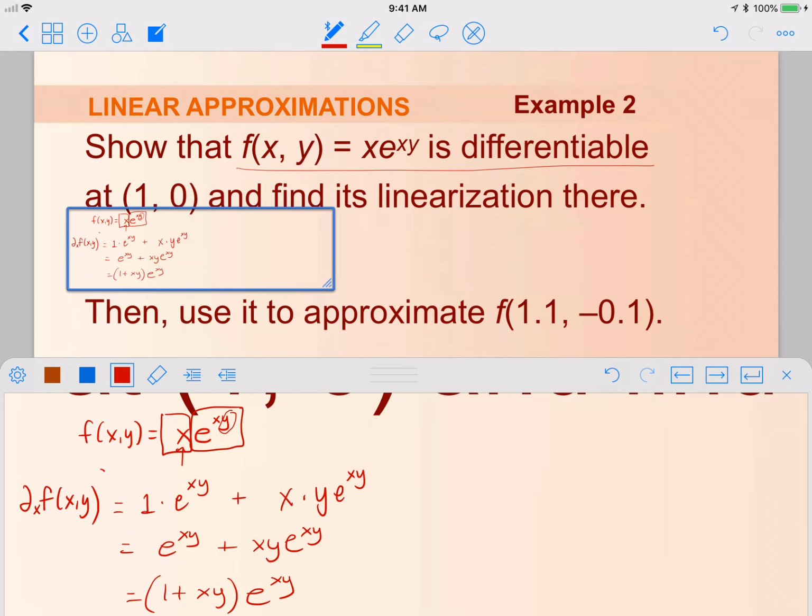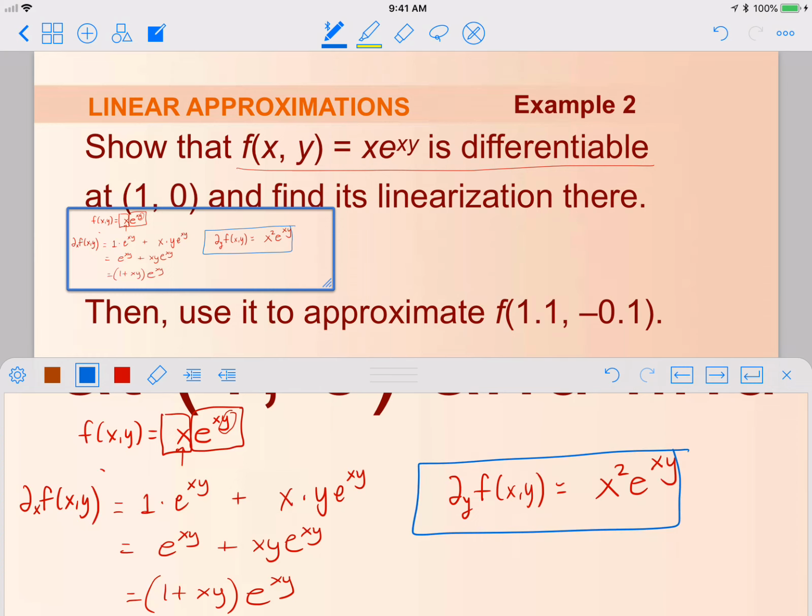And now let's do similar computations for the partial with respect to y of f. Now remember, x is a constant, so the x stays the same. And the partial of e to the x y with respect to y gives another factor of x and then just e to the x y. So that one was actually easier.